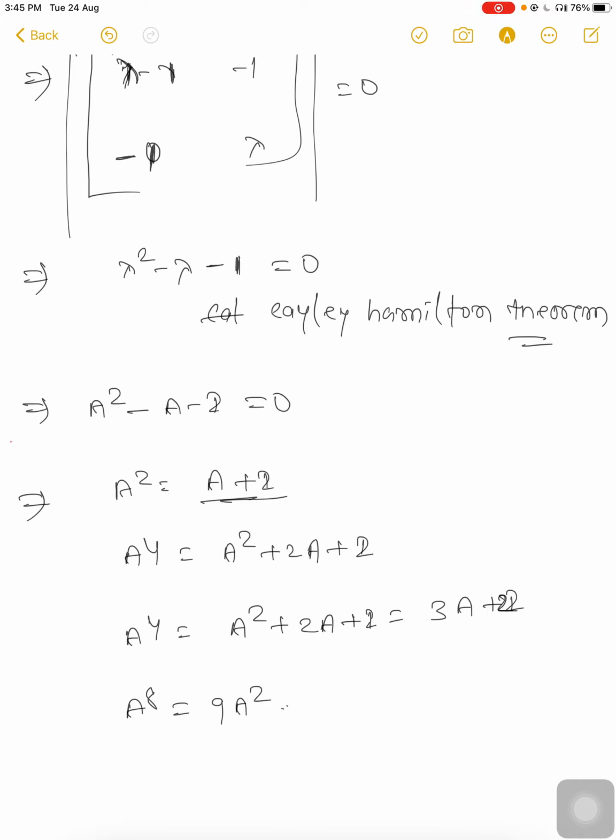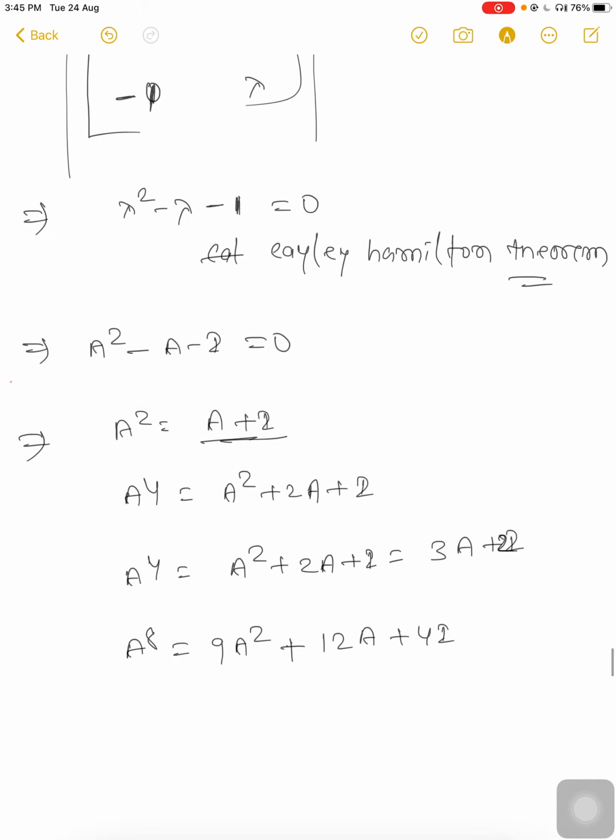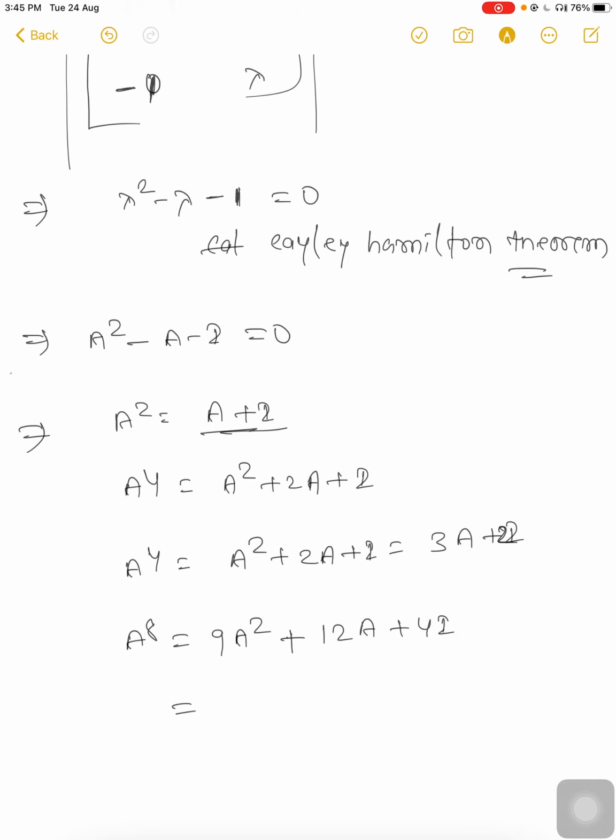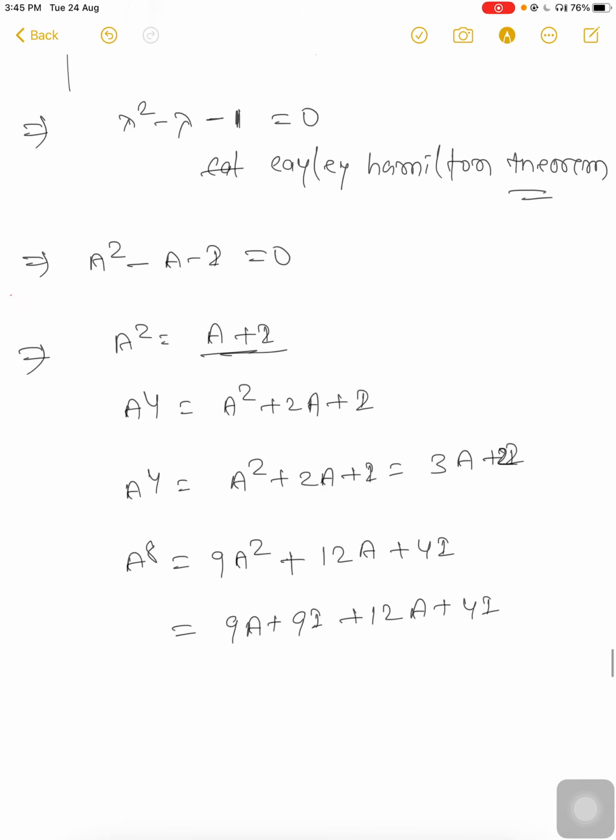A8 is equal to, once again, 9A square plus 12A plus 4I, and A square is equal to A plus I. So 9A plus 9I plus 12A plus 4I.